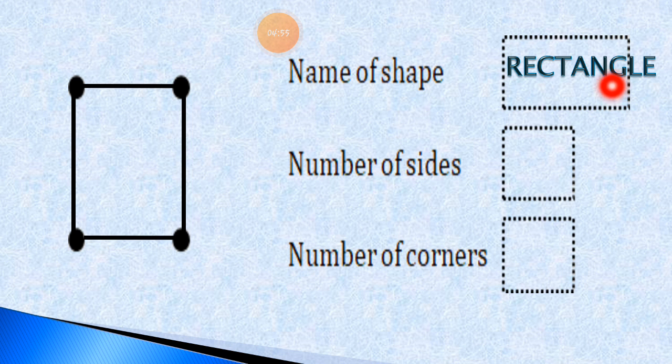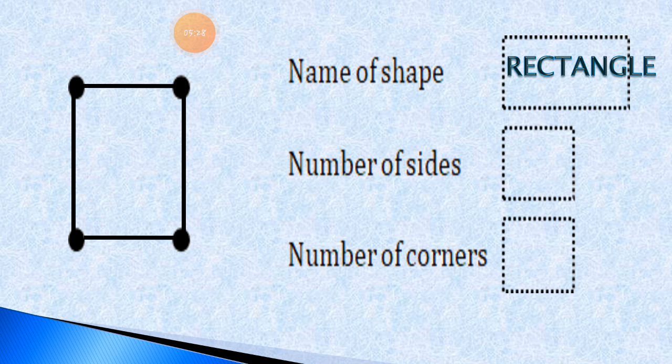Now we have to count the number of sides, how many sides this rectangle has. I will explain what we mean by sides. Now let's find out how many sides this rectangle shape has.